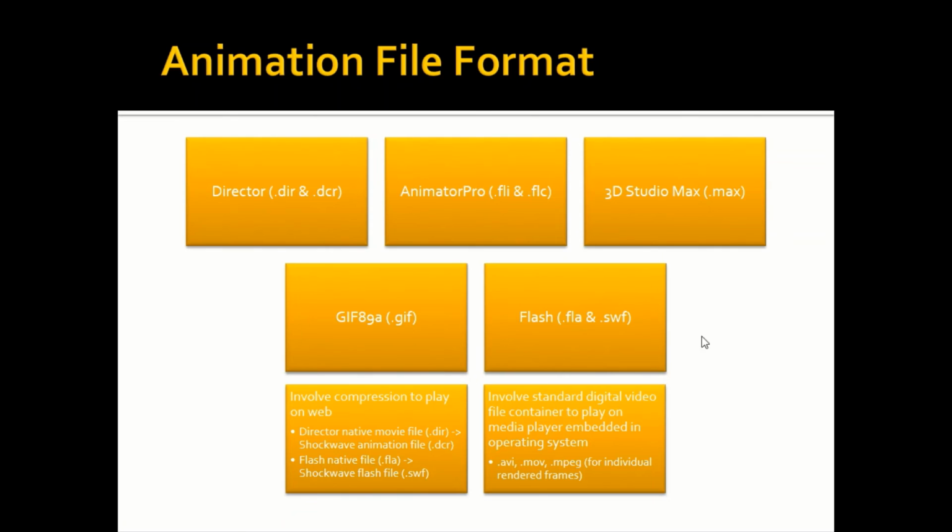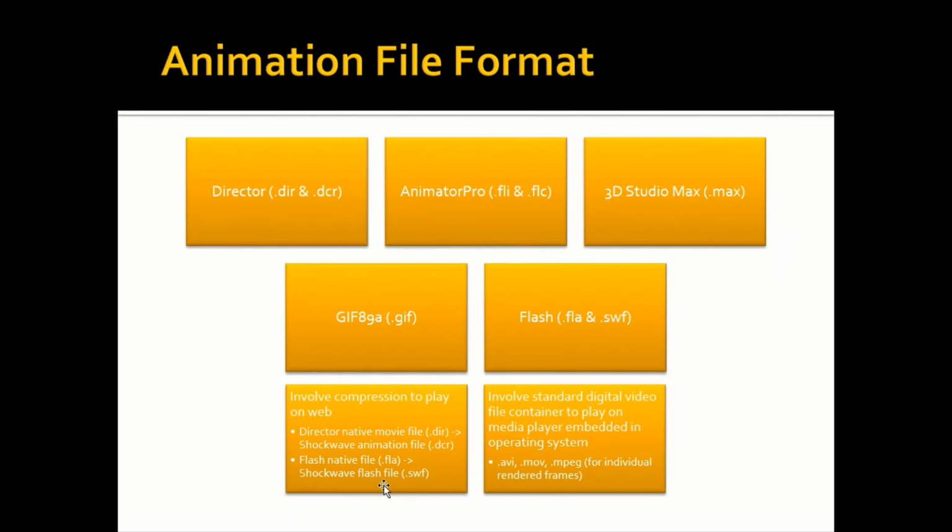The last slide talks about the different formats for animation files. The most common ones are probably Director and Flash, the ones that we usually hear of. Between all of these animation file formats, if we want to play our animation on the web or in other operating systems, it may involve compression, such as compressing the Director native movie file, which has the .dir extension, into a Shockwave animation file.